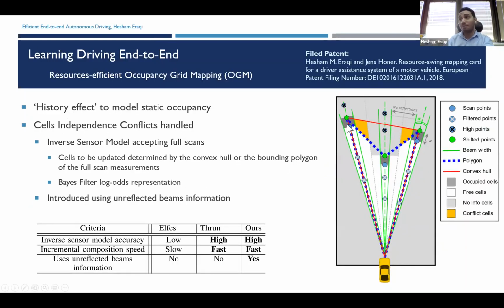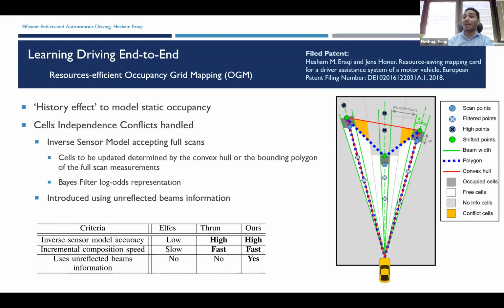In this part, the patent here, we propose a resource efficient occupancy grid map that is faster and more accurate than the famous one that's used in the literature.